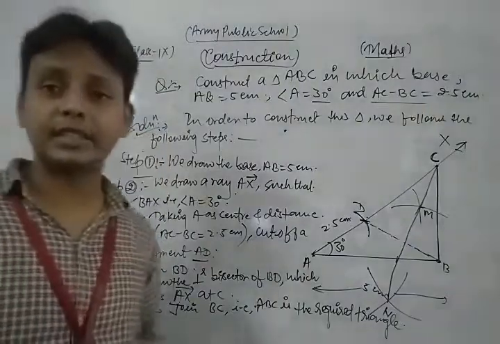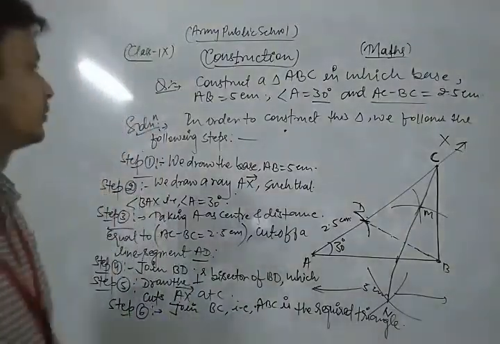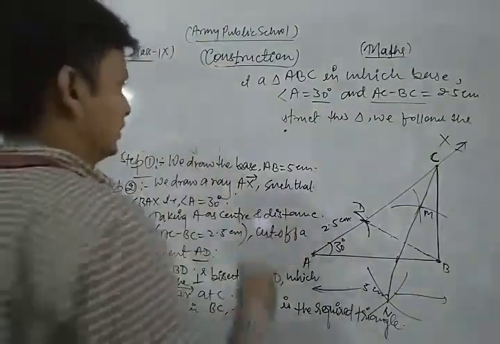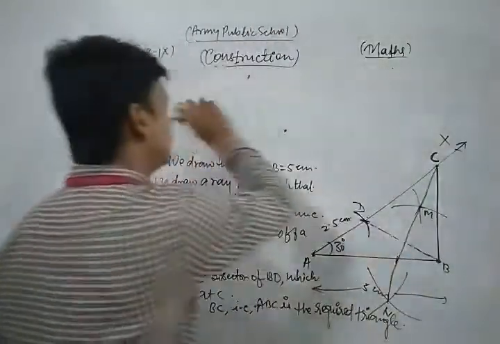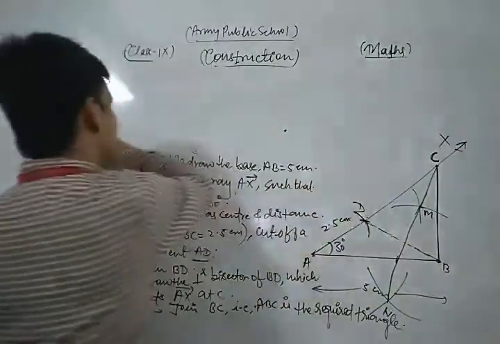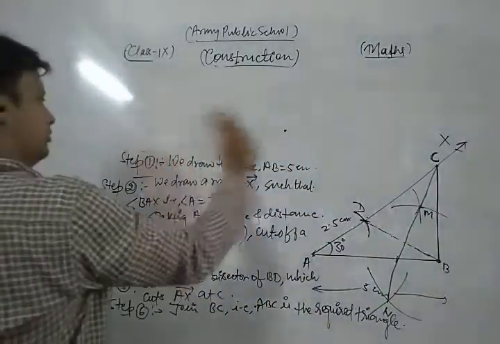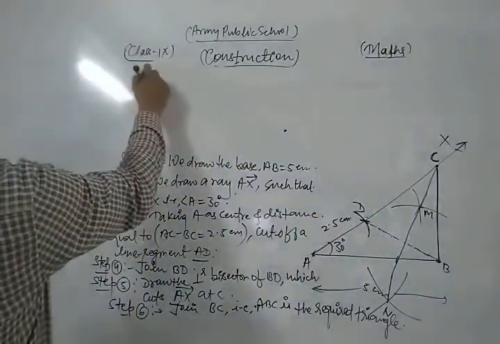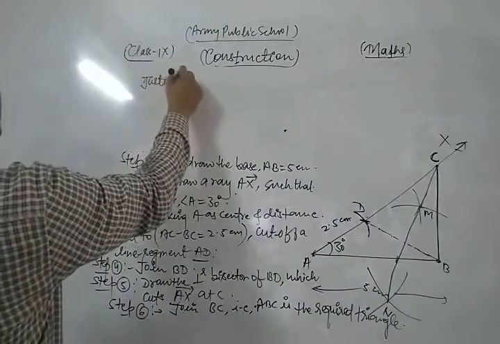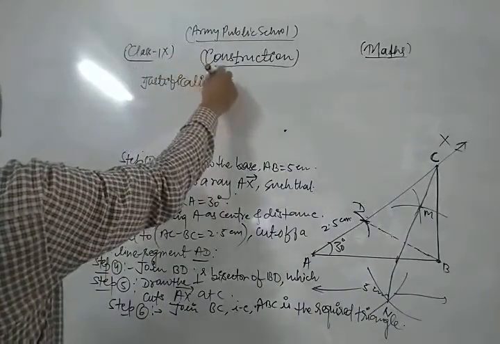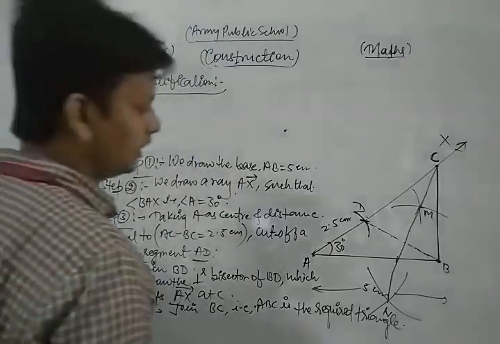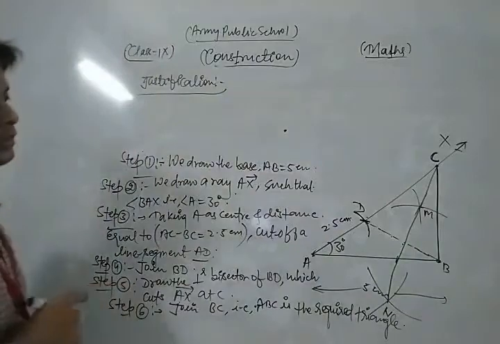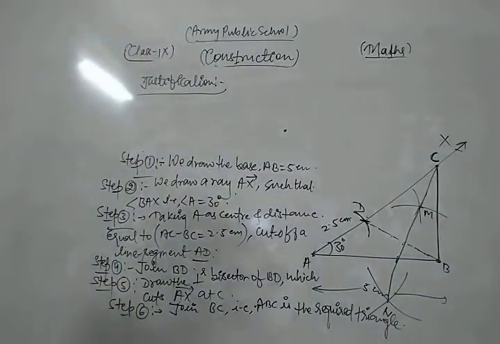Now we do their justification. Dear friends, first of all, the point C is on the perpendicular bisector of BD.